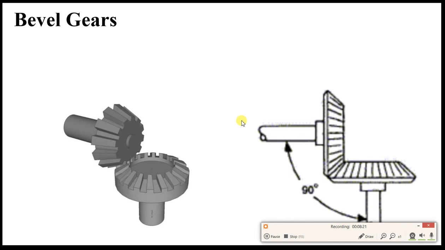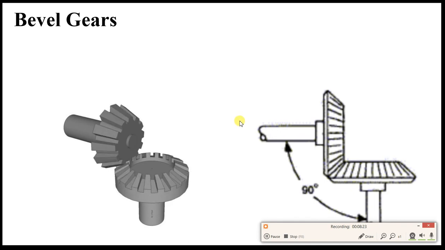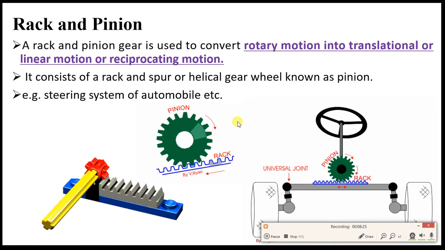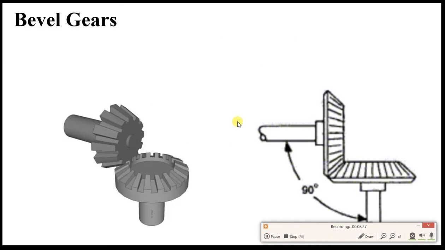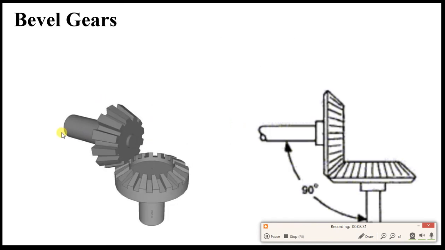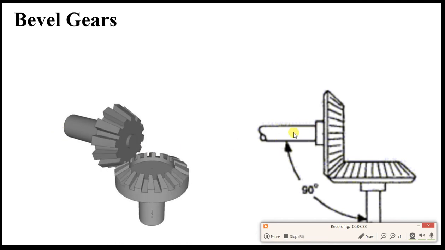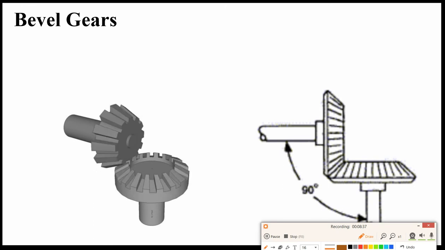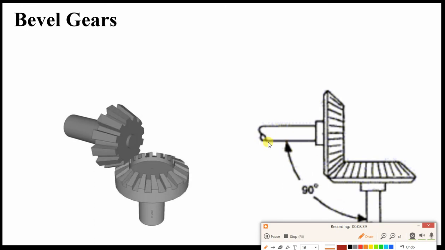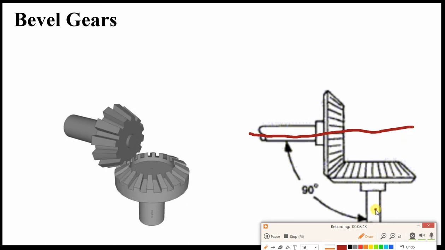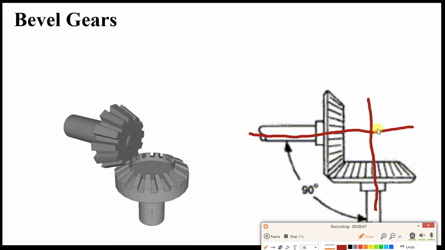Then bevel gear. When the axes of two gears intersect each other, you can see here, if you draw the axis of this gear and the axis of this gear, they will intersect each other.